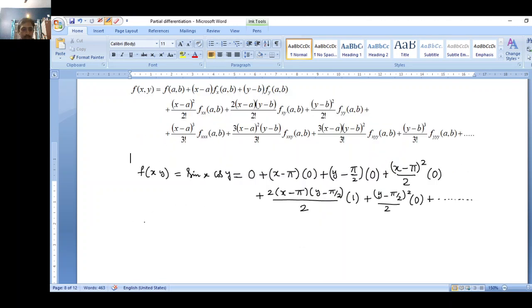Of course, you can simplify this a little further. In this particular example, as I've been telling you, all the terms except this term are going to become 0.